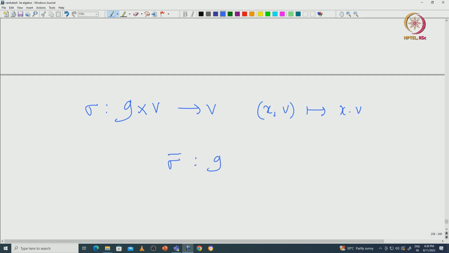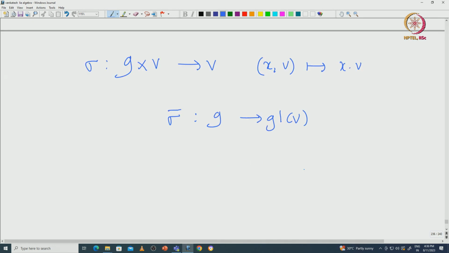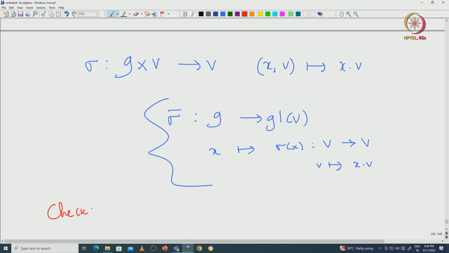So, from G to GL(V) given by x goes to this, you can call it sigma x from V to V, where v goes to this x dot v. So, this way you can define sigma bar, and I urge you to check, this is again purely checking that the sigma bar is a Lie homomorphism.